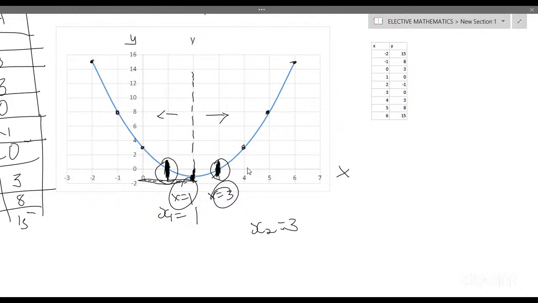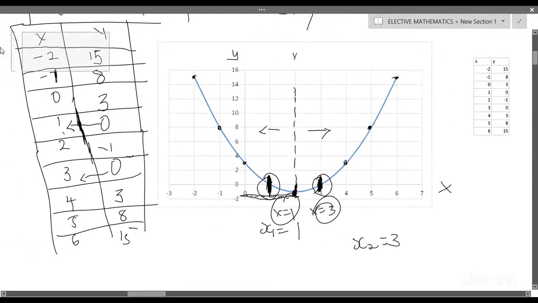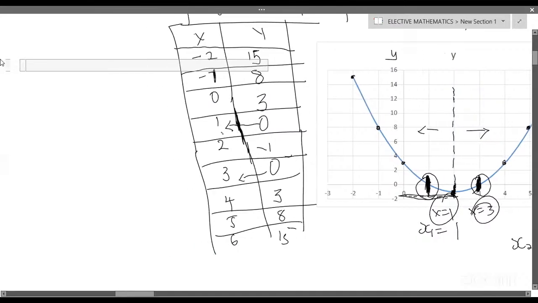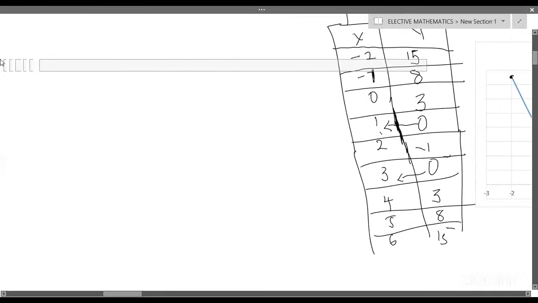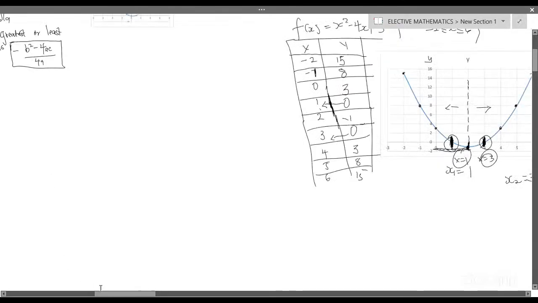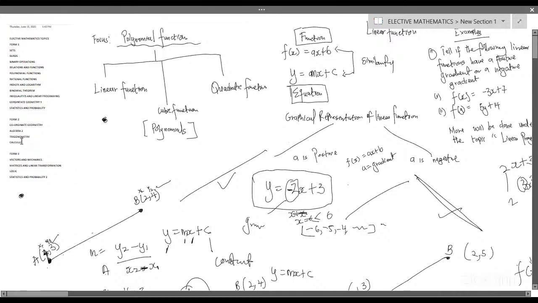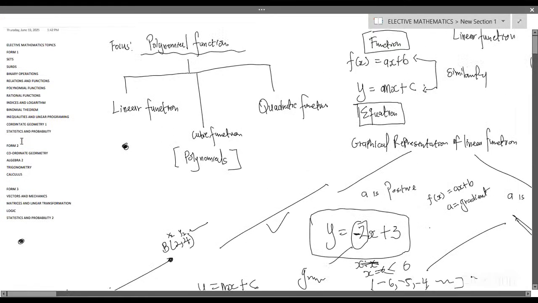Let me just look at the topics. I don't know, it will depend. Sometimes you also need to revise. So form 2 going to form 3, these are the topics. We have sets.